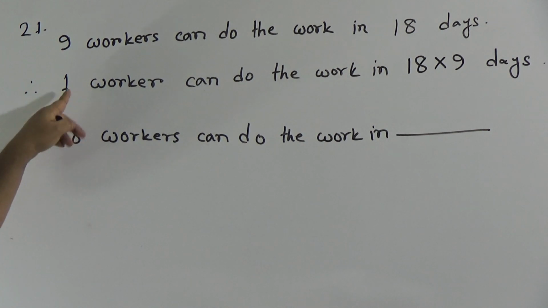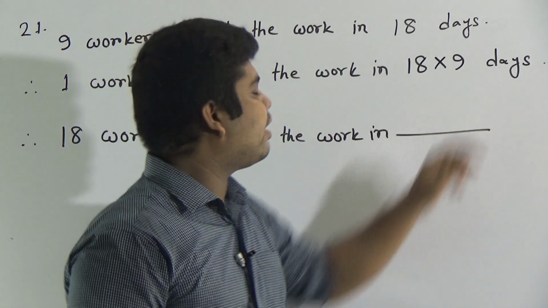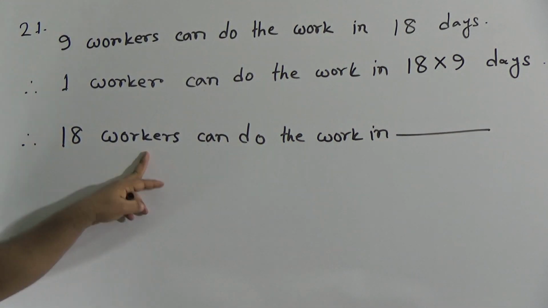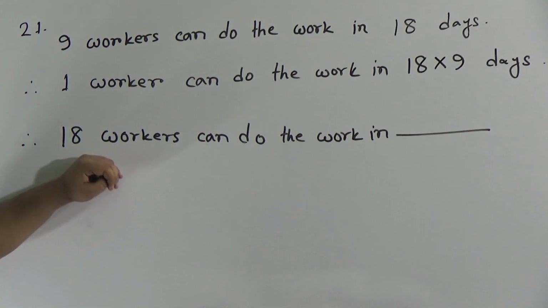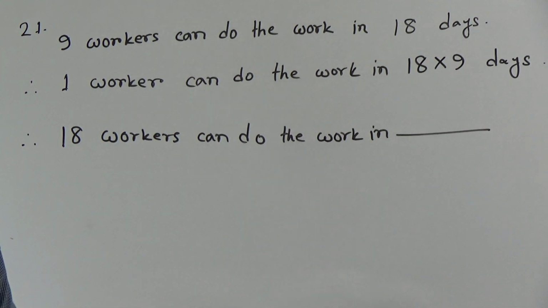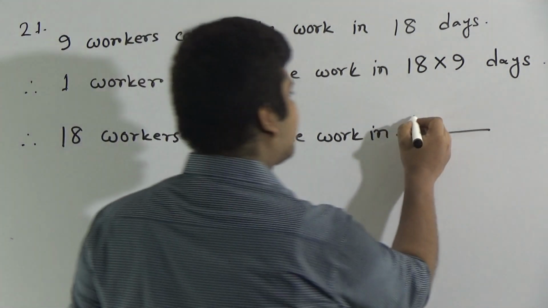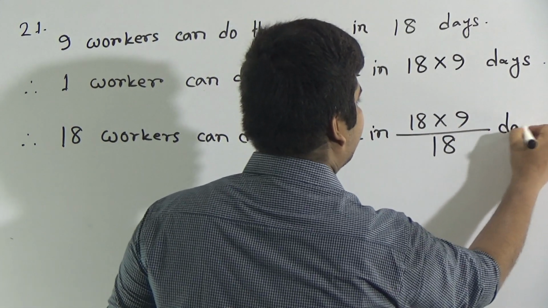My dear students, 1 worker can do the work in 18 multiply 9 days. 18 workers can do the same amount of work in less time than 1 worker. So, as less, division will happen. That means 18 multiply 9 divided by 18 days.